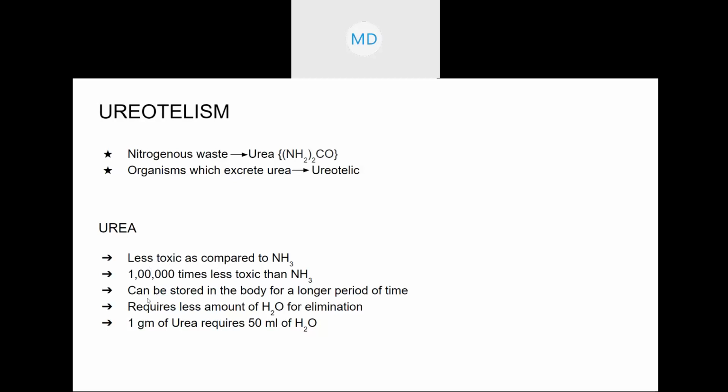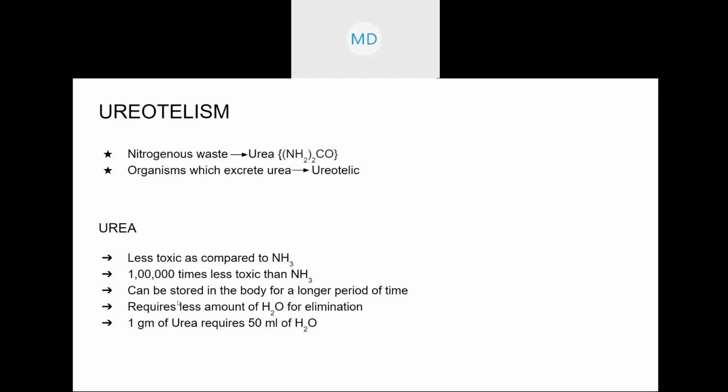We have discussed in the case of ammonia that since it is very toxic, it has to be eliminated, meaning removed from the body, as soon as it is formed. It is highly toxic, so it cannot be stored in the body for long, because it will cause ill effects in the tissues and harm our body.